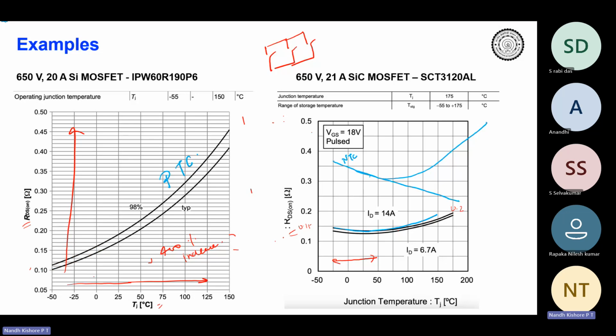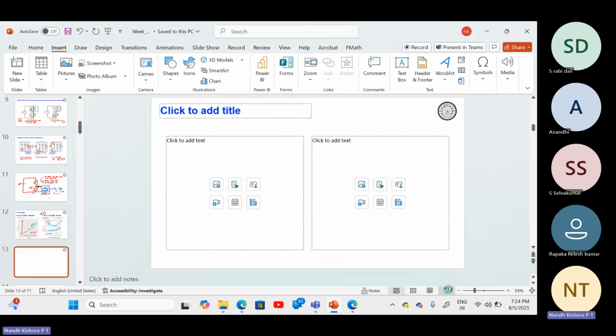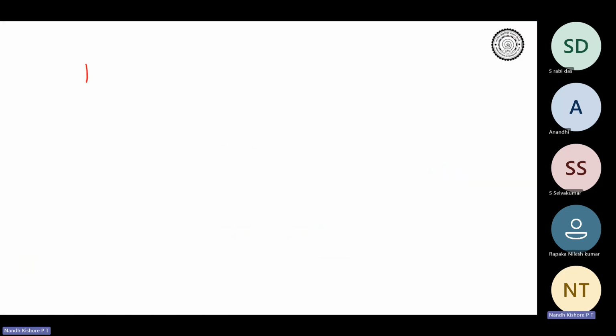Okay. So let me take another slide. Let's say we have 2 parallel devices and they are in the ohmic region. So let me call this RDS1 and RDS2.